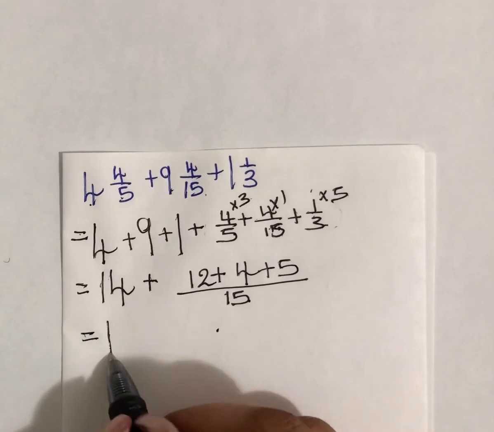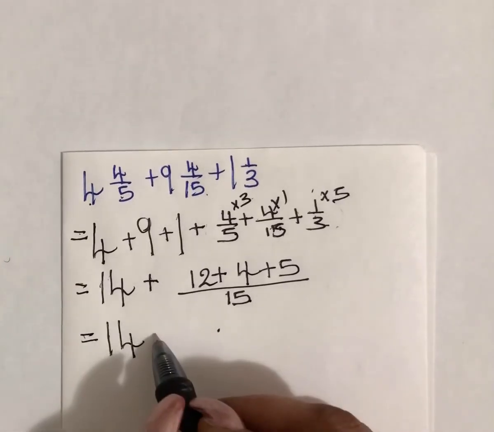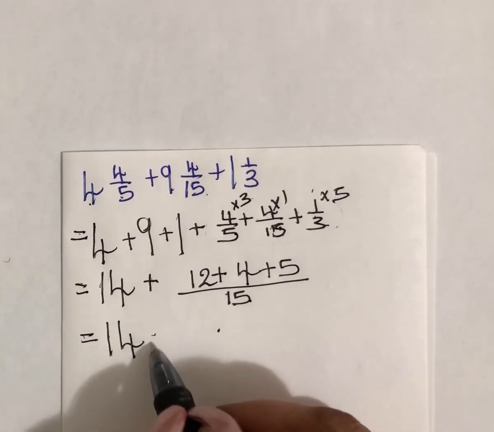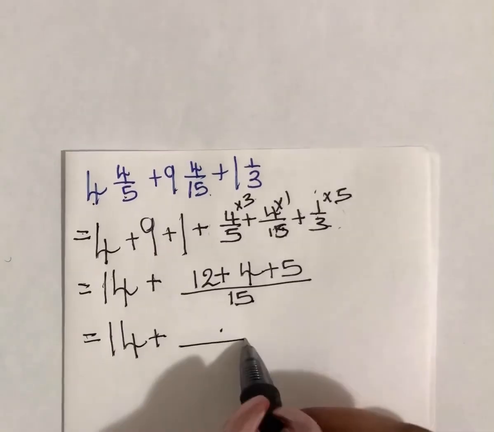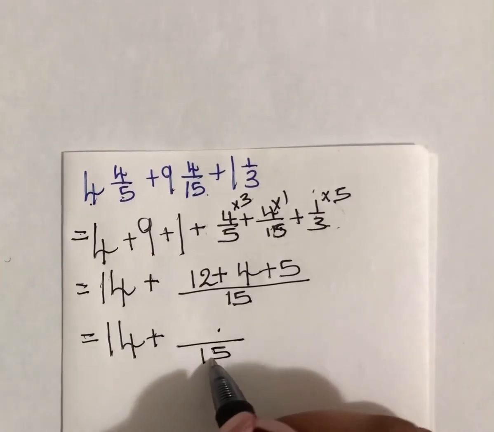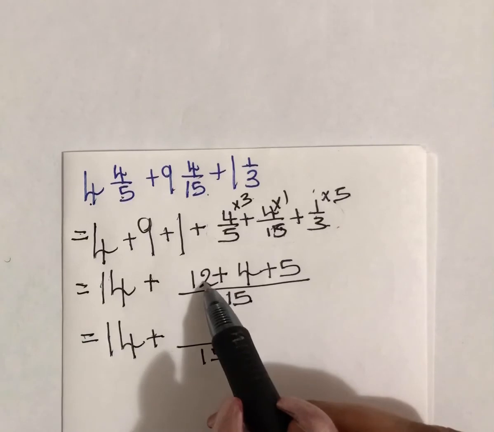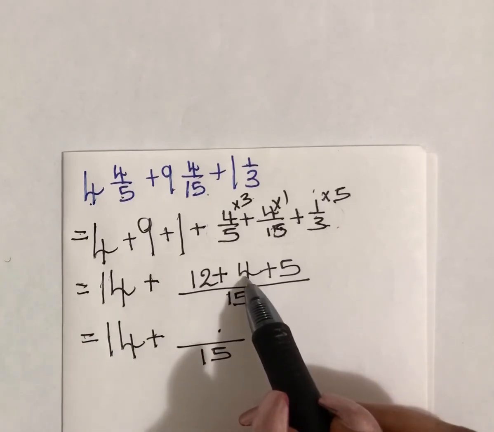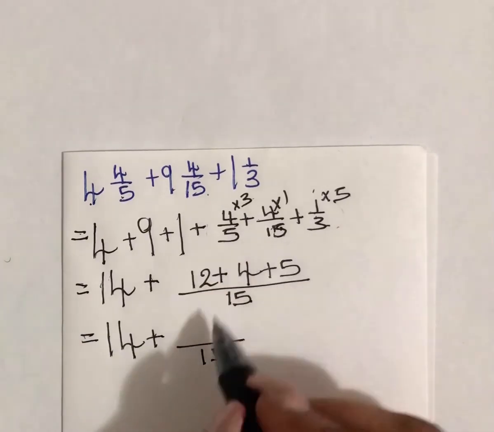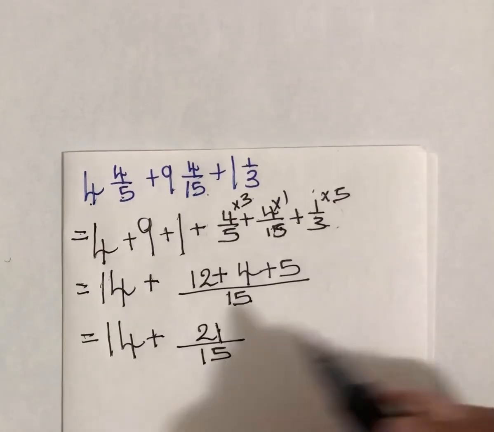Let us continue. We have our whole number 14. We have our LCM or LCD. 12 plus 4 is 16. 16 plus 5 is 21.